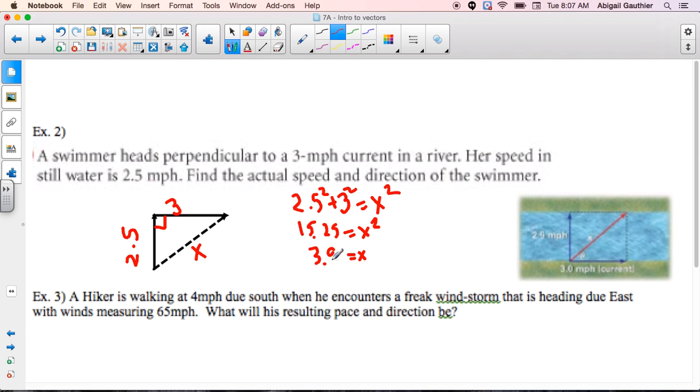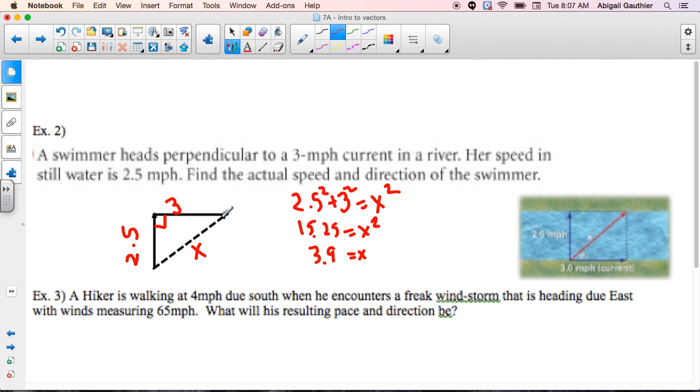So that's how we find the magnitude. To find the direction, what we're looking for is this angle here. So I'm going to use the sides that they gave us, this 3 and the 2.5, as opposite and adjacent. And so we use our tangent again, which is equal to opposite over adjacent.